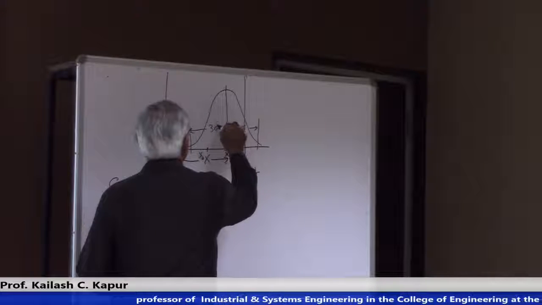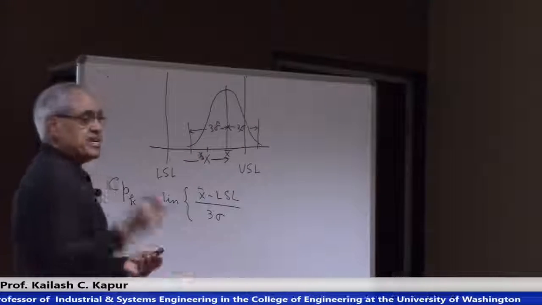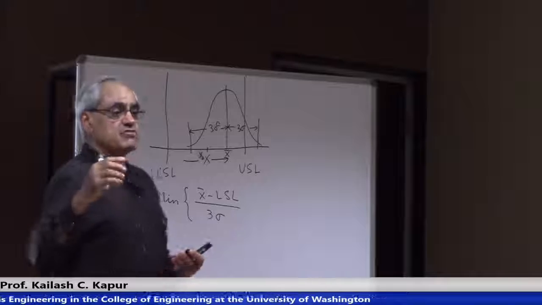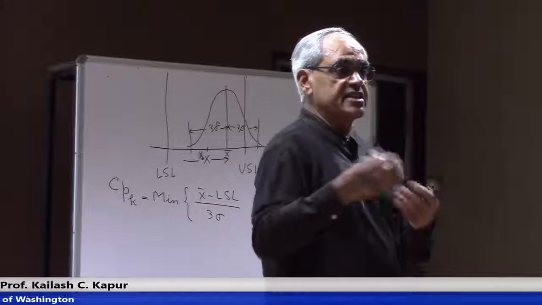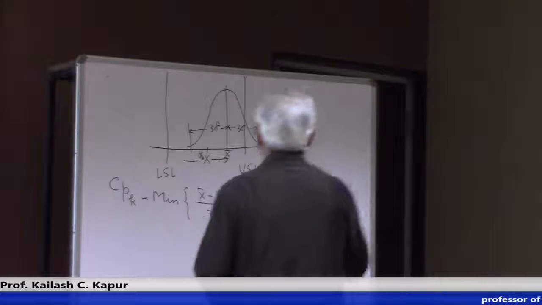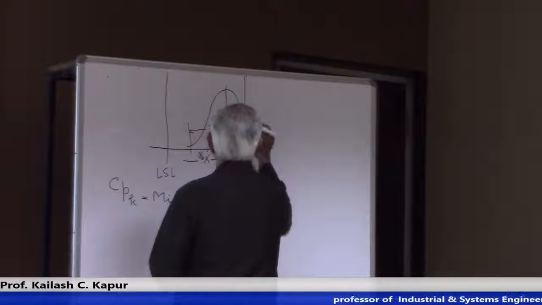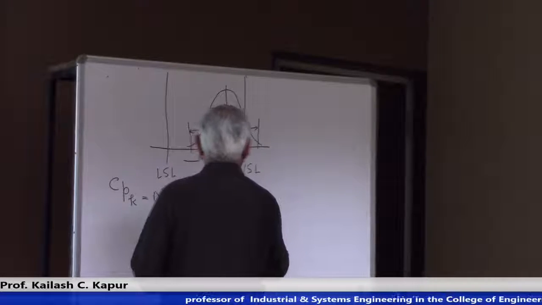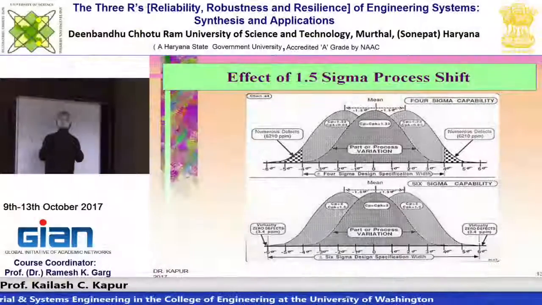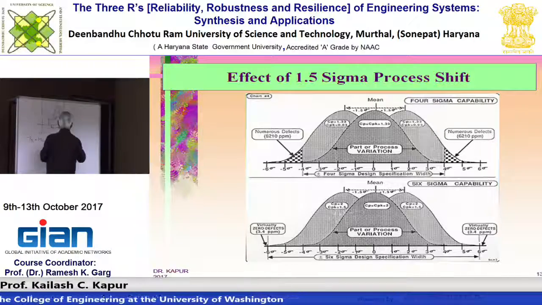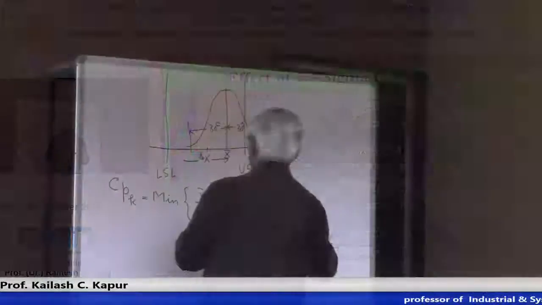And typically in statistics we can put carets. Carets mean estimators. They are guesses. So this is a guess, and we can put in a caret. And the other number is upper spec minus x bar divided by 3 sigma.